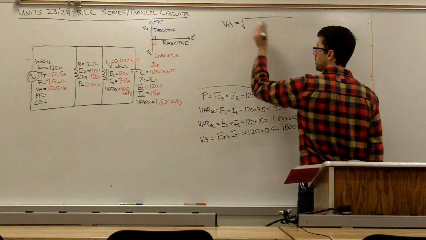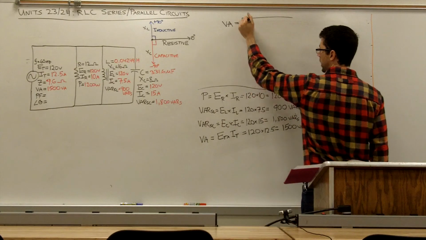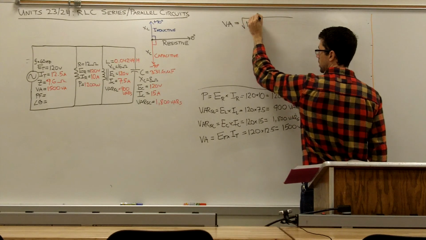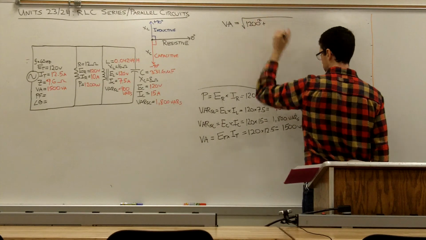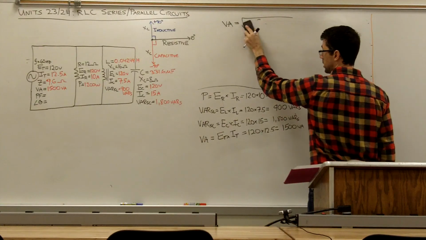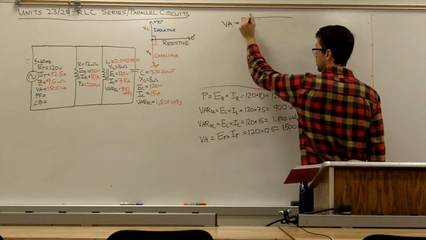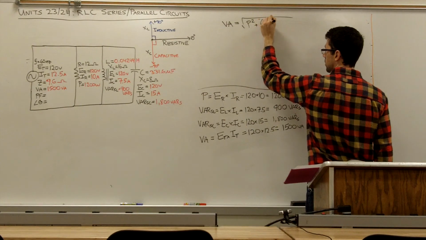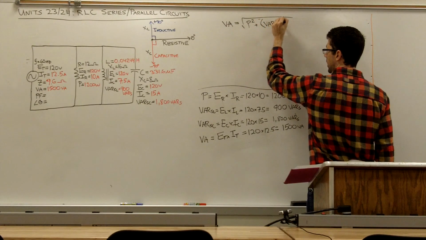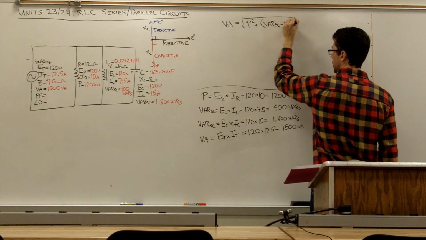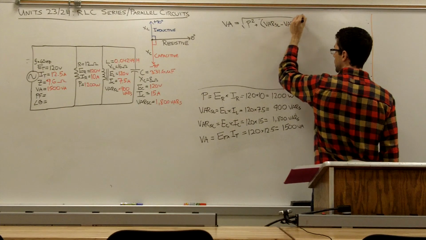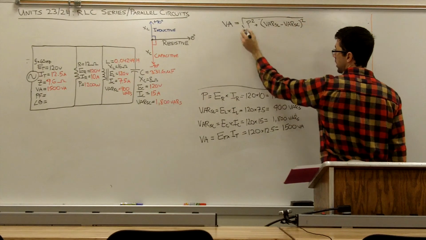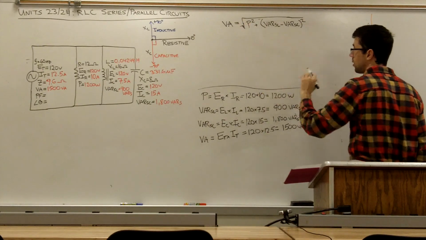Well, let's check. So we take the vector sum of all the individual powers. Before I write numbers down, let me write it out symbolically. So that's the true power P squared, plus bars L minus bars C. We're taking the vector addition of all the individual powers.